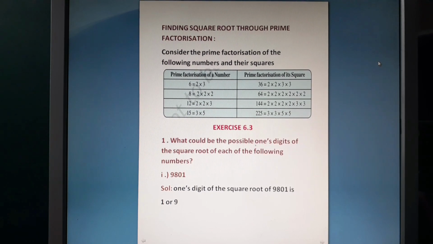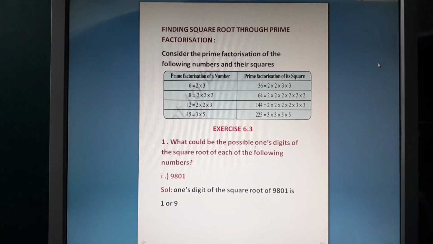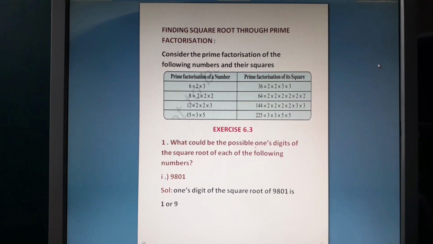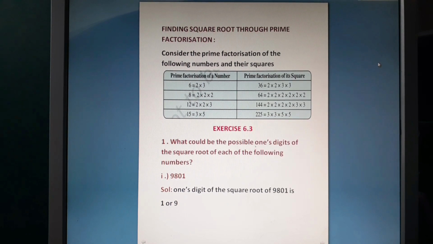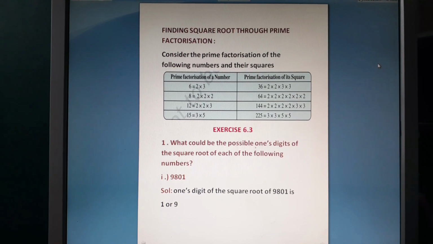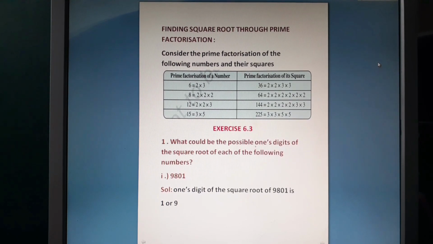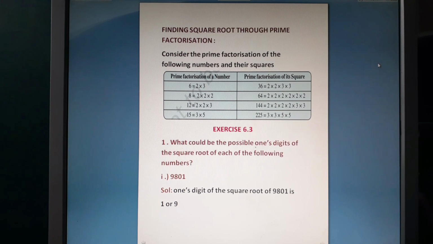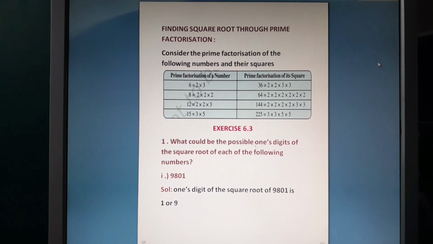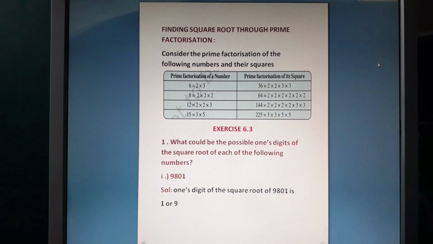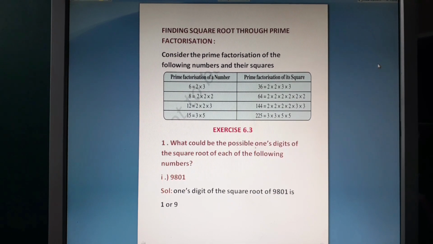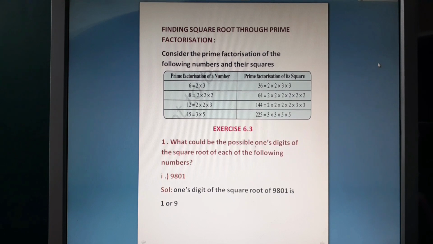Ones digit of the square root of 9801 is 1 or 9 because see the given number, last digit, that is unit digit, is here 1. 1 square is 1. 9 square is 81. So, here unit digit of the square root of the given number is 1 or 9.